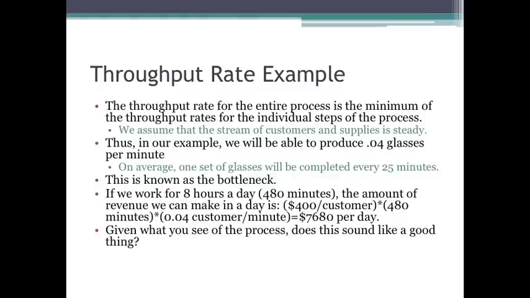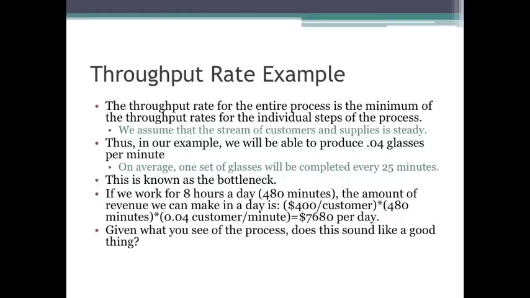So, remember, the throughput rate of the process is the minimum of the throughput rates of the individual steps. Whichever step in the process has the smallest throughput rate is going to limit the throughput rate for your process. In this case, we're able to produce 0.04 glasses a minute, or 1 pair of glasses every 25 minutes.